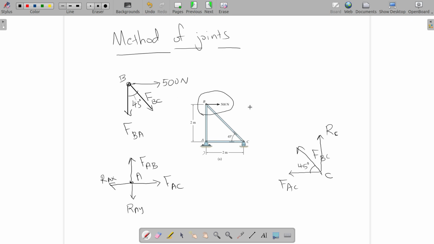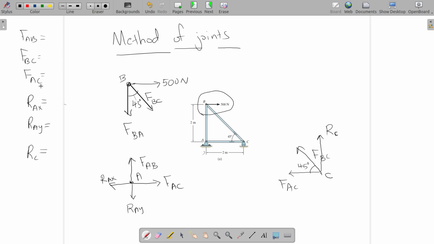All member forces: FAB, FBC, FAC, and at A the horizontal component and vertical component, and the support at C, which is just a vertical force. There is no horizontal component.